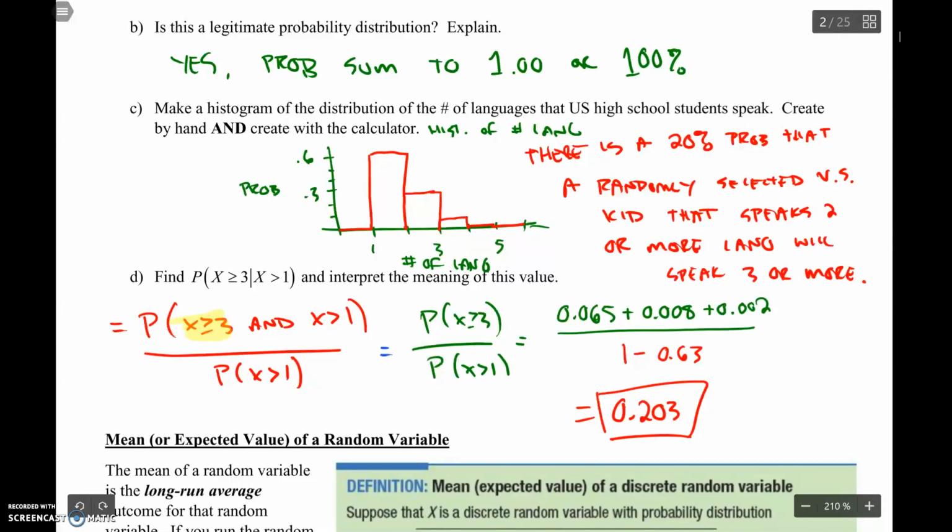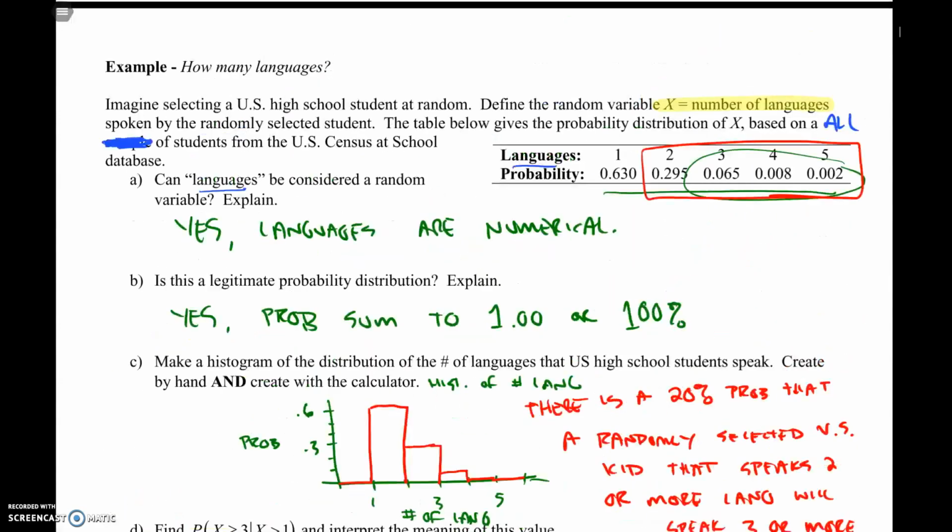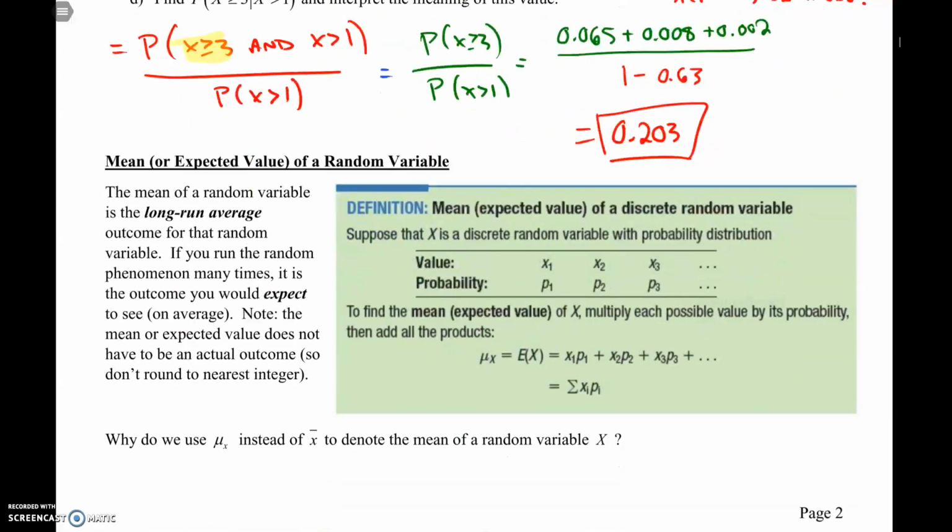It sounds kind of silly, but given that somebody speaks 2 or more languages, there's a 20% chance that they speak 3 or more languages, which basically means that 80% of them speak 2 languages exactly, whatever.